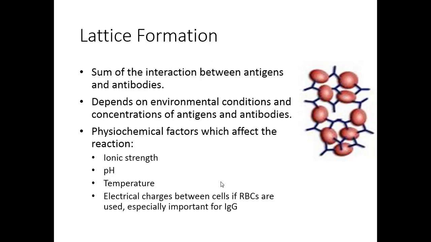Whereas IgG likes it at body temperature. So anywhere between, say, 30 and 37 degrees is really helpful for IgG to have optimal lattice formation and binding. We're going to talk about these electrical charges in just a few minutes. Just remember, there are some physiochemical factors that affect how well this takes place.